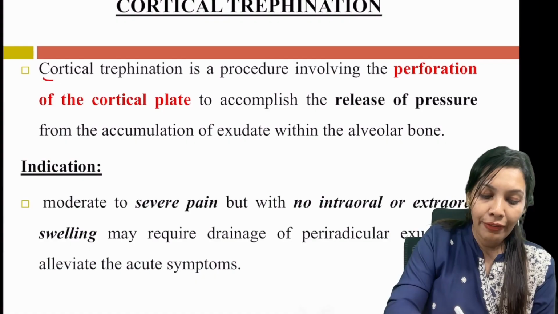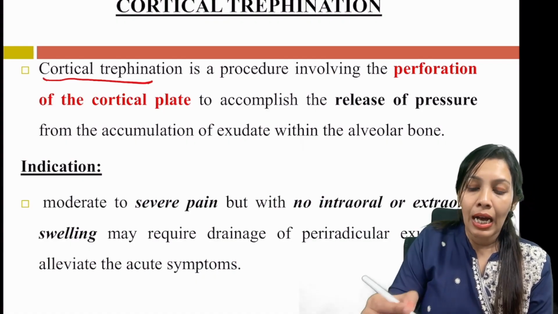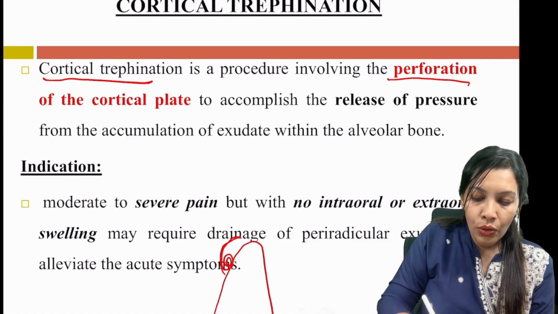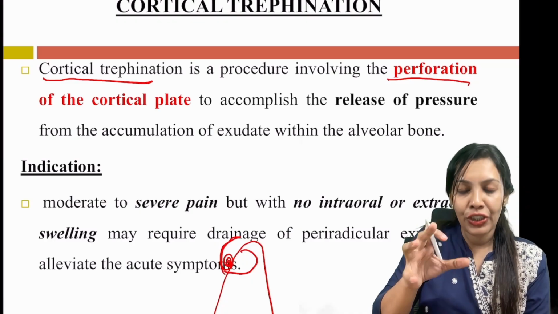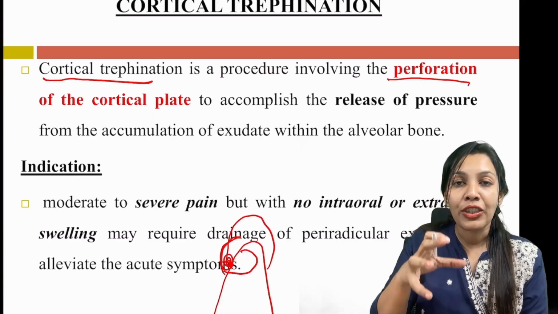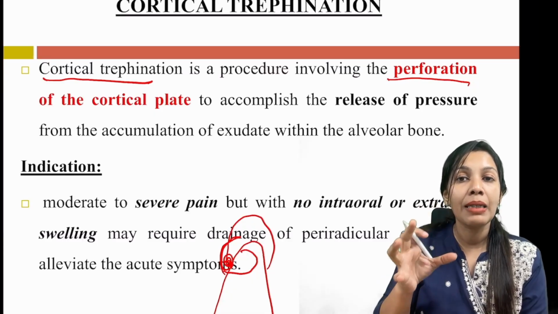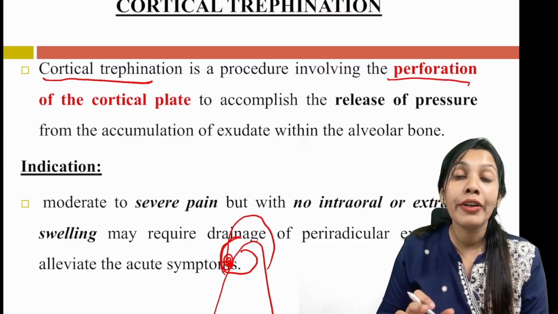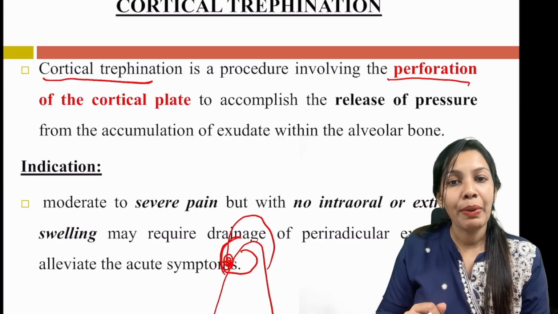So cortical trephination, as the name suggests, is a perforation done on the cortical bone so that there is release of the pressure which is accumulated because of the exudate seen in the periapical area. It is just a window or a perforation done on the cortical plate.